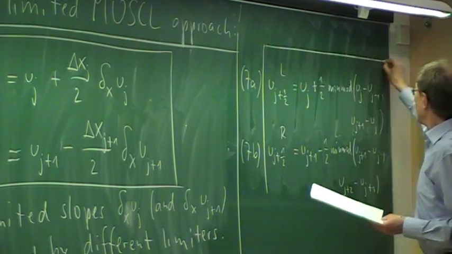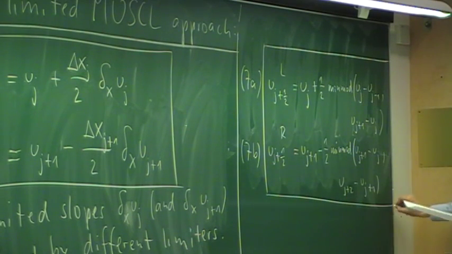So that is all. So when you want to do that, and you have an equidistant grid, you just need the Minmod function to compute that.